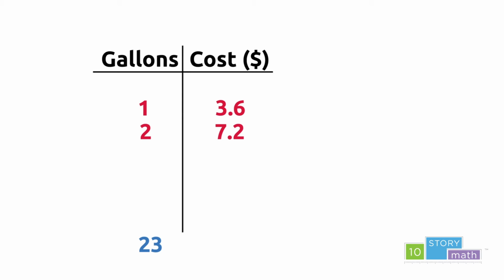That means the cost will also double, so it will be 14.4. Let's double each side again. 8, 28.8. 16, 57.6. I can no longer double each side, but I can count up from 16 gallons, adding 1 gallon each time, and $3.6 until I get to 23 gallons.